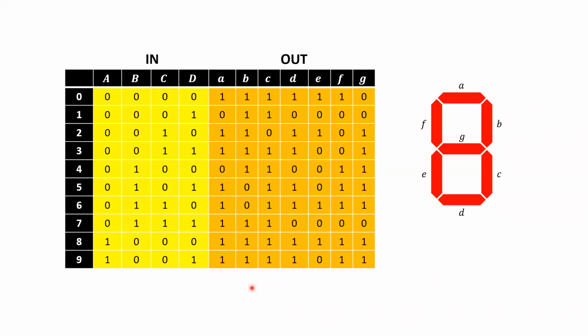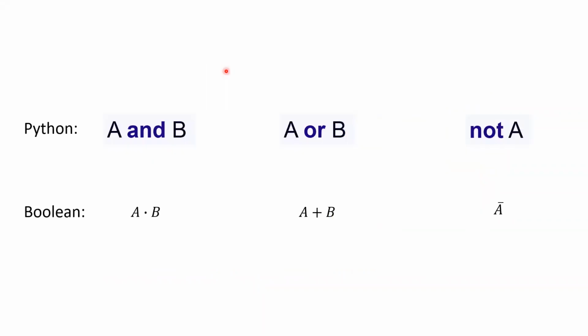Naturally, we're going to start with the A segment. Before we do that, just a quick reminder of Boolean notation. In Python, we've all seen these keywords: and, or, and not. In Boolean, we have a direct equivalent.